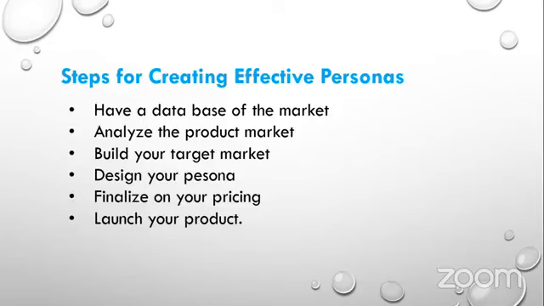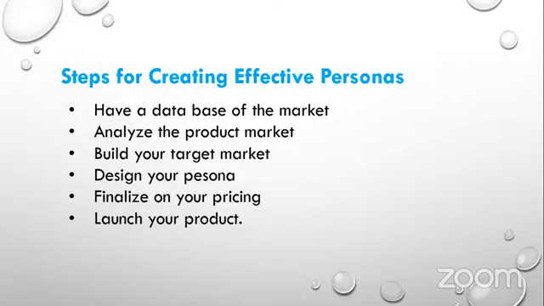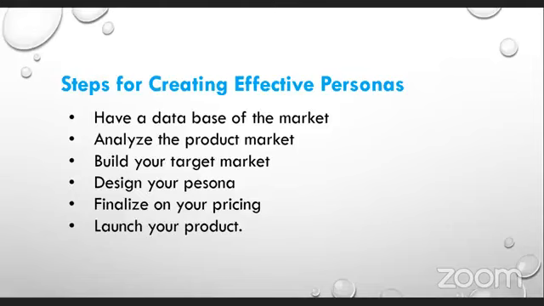Definitely, you're not going to see any customers. But when you have your persona saying, okay, net worth 500,000, and your pricing is, let's say, 50,000 for the particular product you are selling to this class of people, then you will see your customers coming in. So when you have all this, then you know you are ready to launch a product.